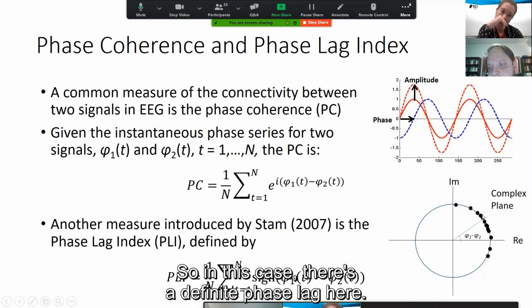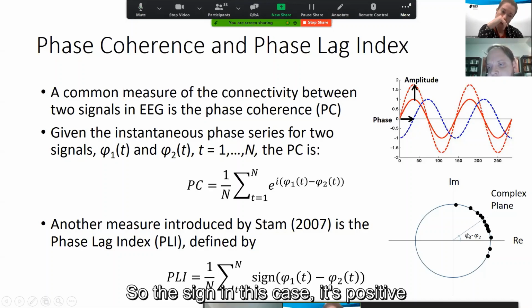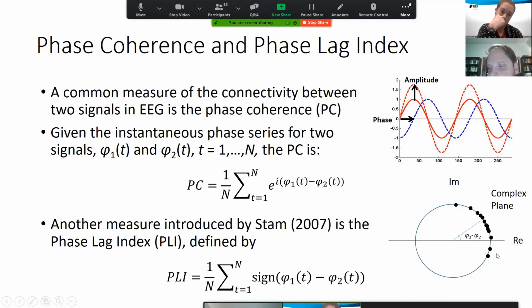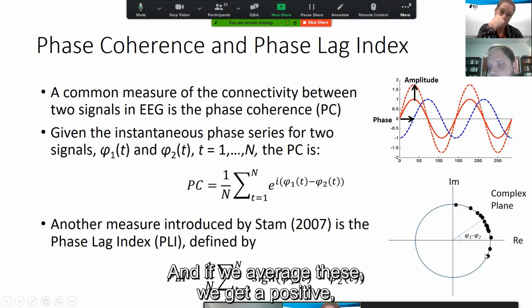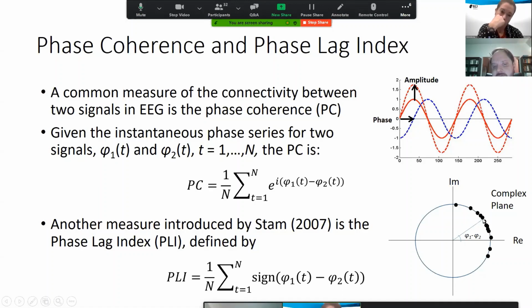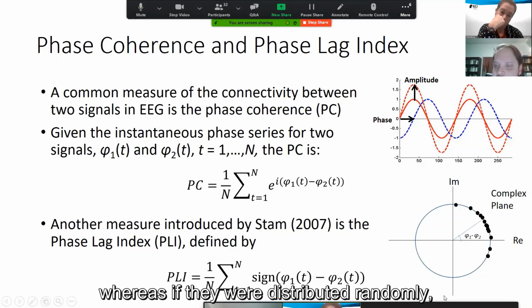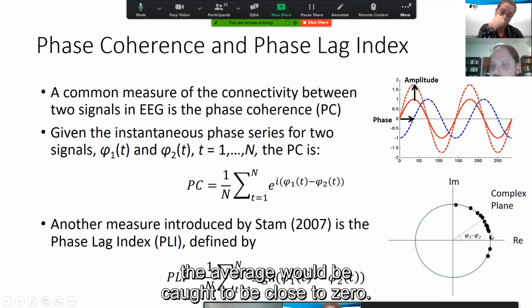In this case, there's a definite phase lag here. So the sign is positive if it's on this side, and negative if it's on this side. If we average these, we get a relatively positive value here, representing the connectivity. Whereas if they were distributed randomly, the average would be close to 0.